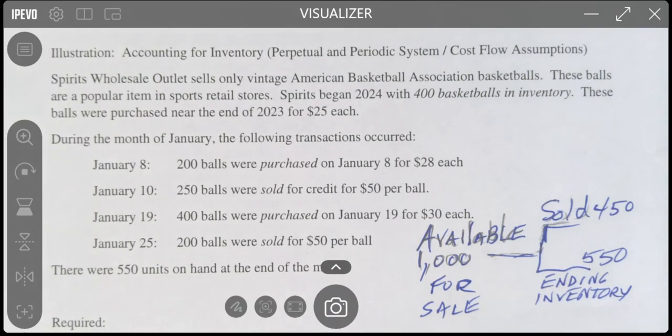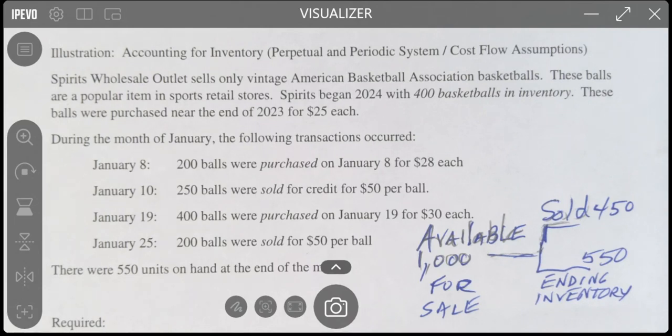And remember, under the periodic system, the hallmark is that we will not account for the inventory transfer when we make a sale. We will simply count the inventory and apply its value at the end of each accounting period as an adjusting journal entry.